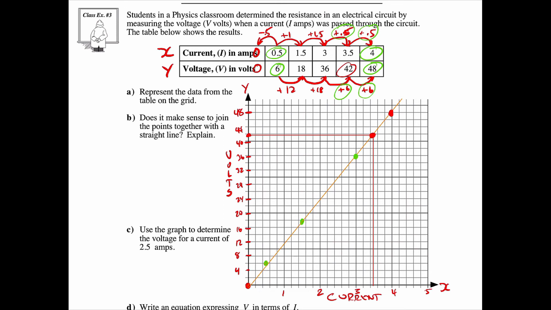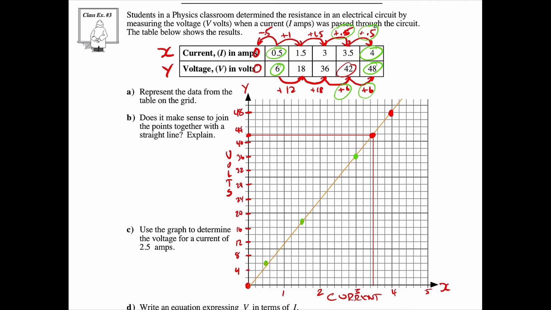Now it says, do we just want the dots, or do we want to have all the different points? Well, I would say in this case that we would want to have a line, because you can have voltages of 6, 6.1, 6.2, 6.3, 6.358.